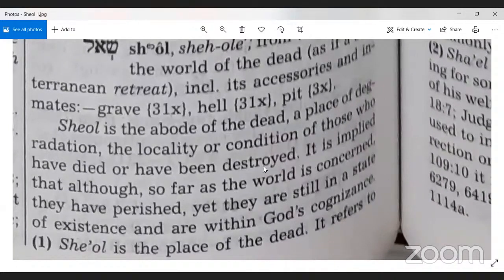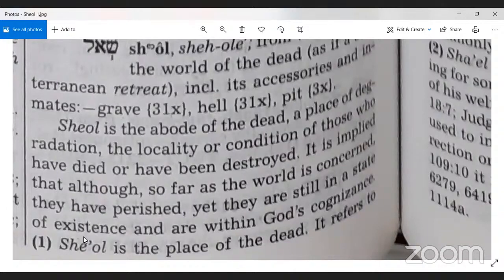It says here where the cursor is, it is implied that although so far as the world is concerned, that's what people think, they have died. So the people think that they're gone, yet they are still in a state of existence. So they still exist. So if you still exist, you have to have consciousness. Otherwise, you don't exist.